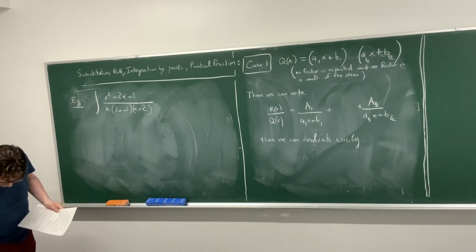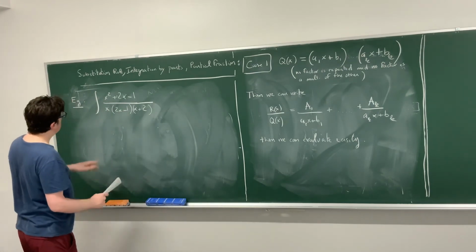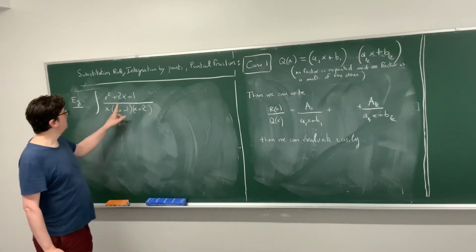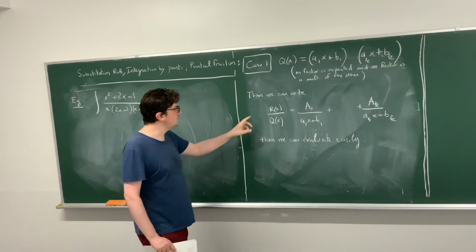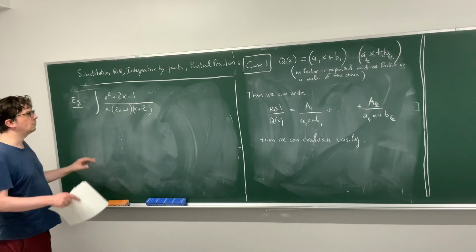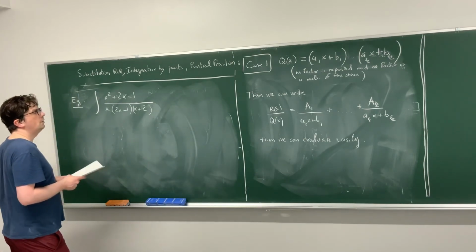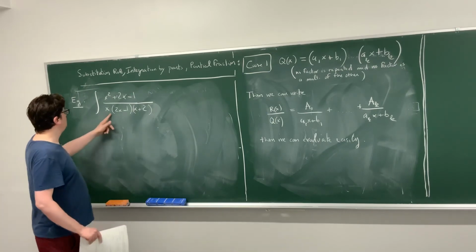Okay, so first of all, you observe that the denominator has higher degree than the numerator, so it's already of the form r of x divided by q of x. So you don't need to apply step 1. You just go to basically step 2 is done also.